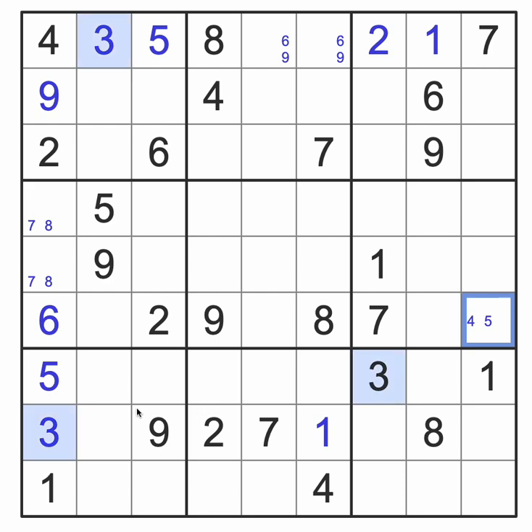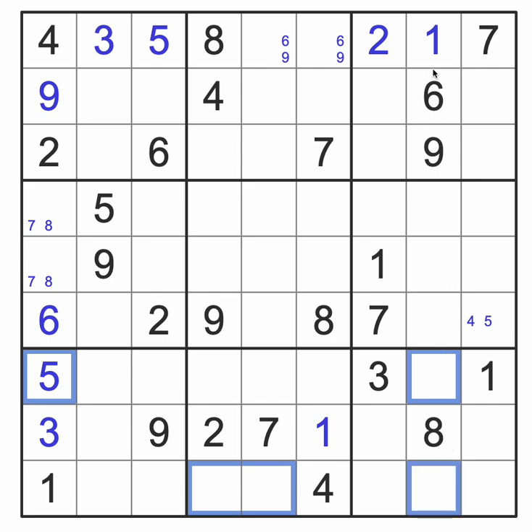And now looking at column 8, and think about where I can place 5. This 5 blocks this cell, and this 5 also blocks these, meaning 5 in box 8 will be here or here, which means this cannot be 5.